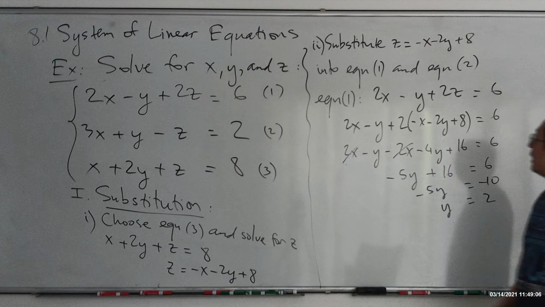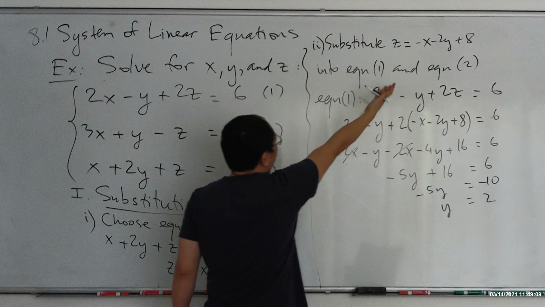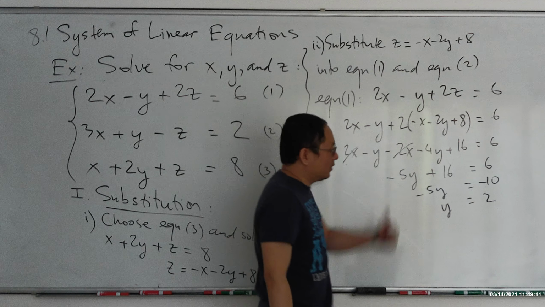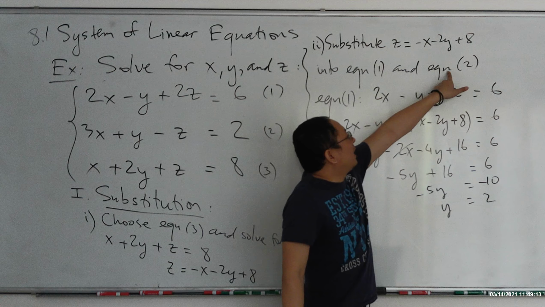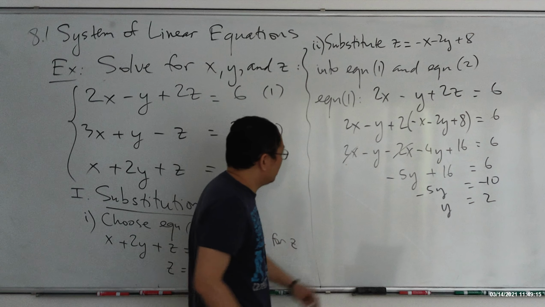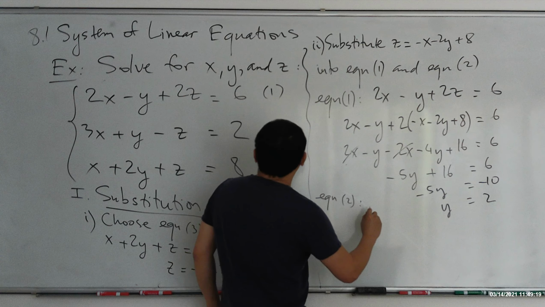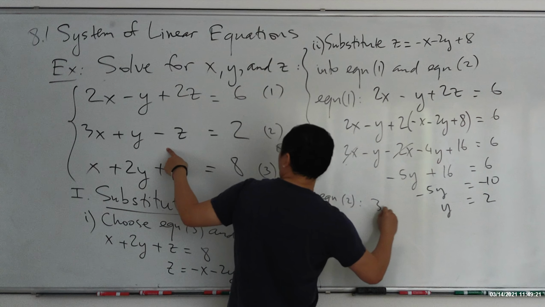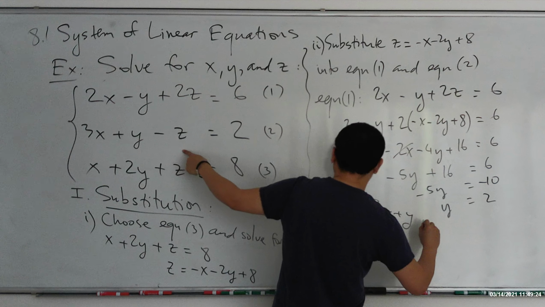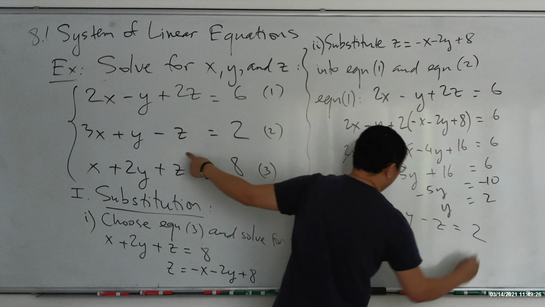Okay? And then you substitute to equation 1 already. You got y equal to 2. Very good. Now you do the same thing. You substitute into equation 2. For equation 2, we have 3x plus y minus z equal to 2, right?